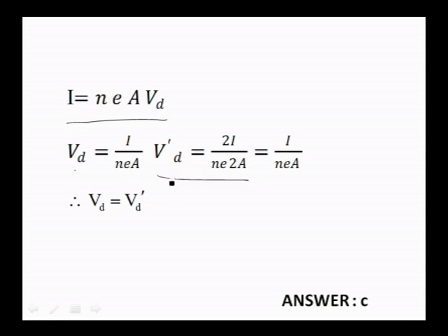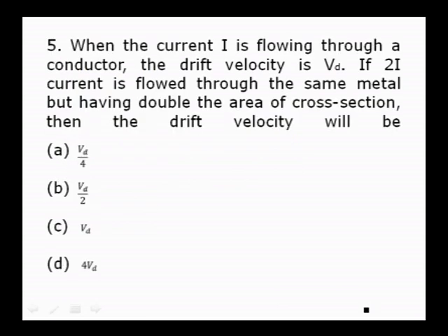After the change in area and current, the drift velocity is Vd dash, equal to 2I divided by n e 2A. The 2 cancels, and the remaining is I divided by nAe. So Vd and Vd dash are the same. The correct option is C, no change in the drift velocity. This is the correct option.